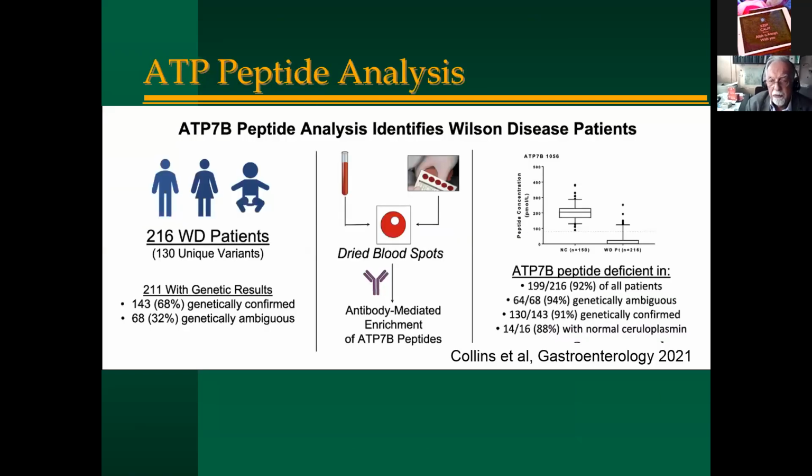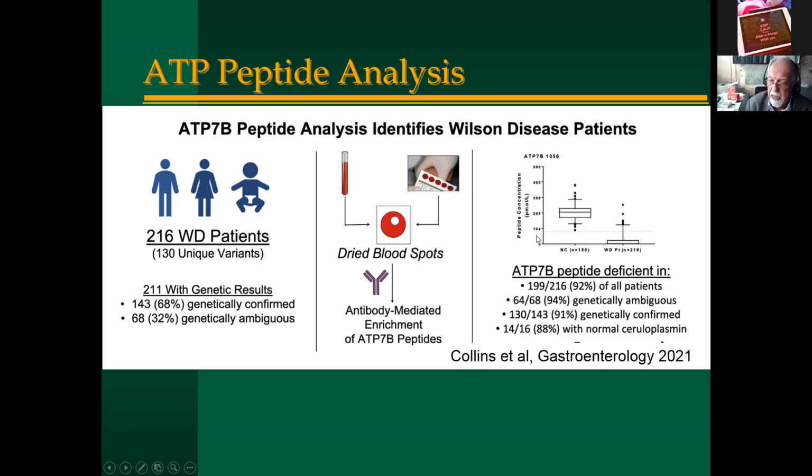A very new way for diagnosis is ATP7B peptide analysis. These are data I generated together with Dr. Hahn's unit in Seattle in the United States. What we did, we took dried blood spots from 216 patients of any type, siblings, babies to adults, and measured by an antibody-mediated enrichment the specific ATP7B peptide, this one, 1560.